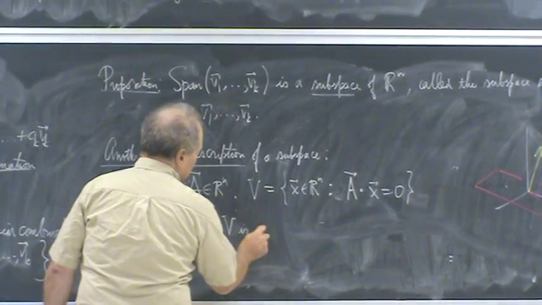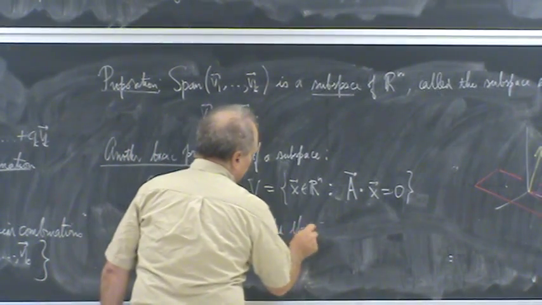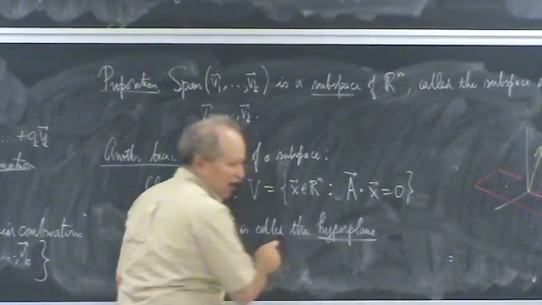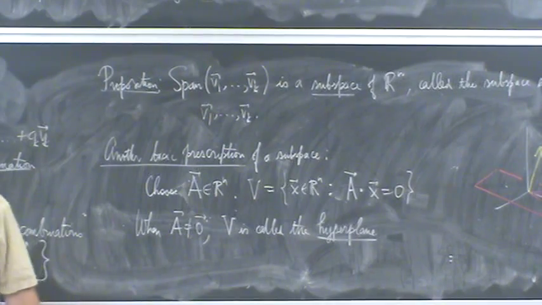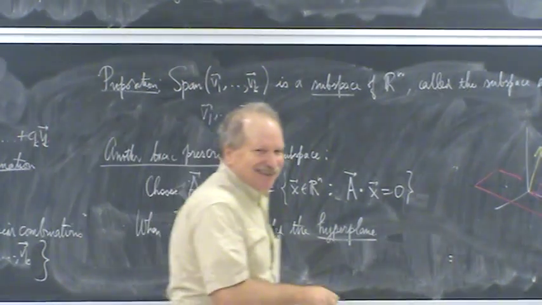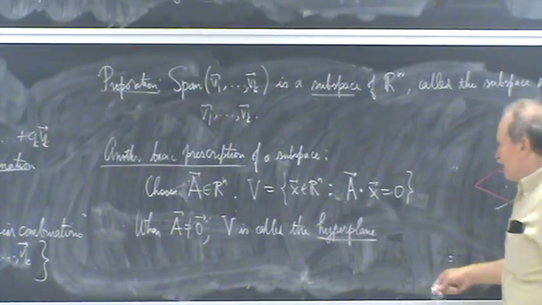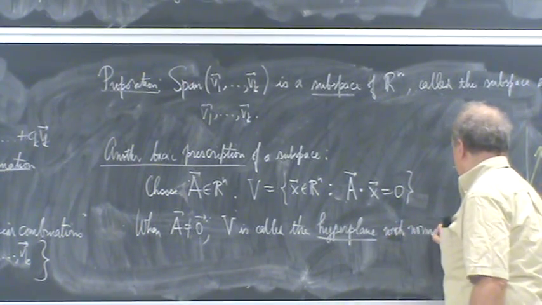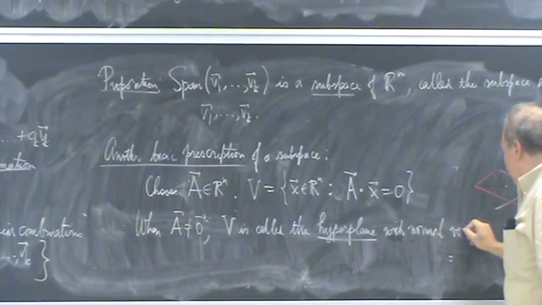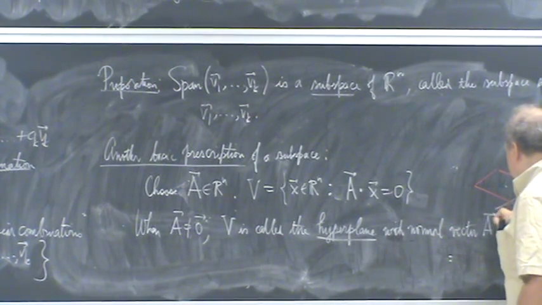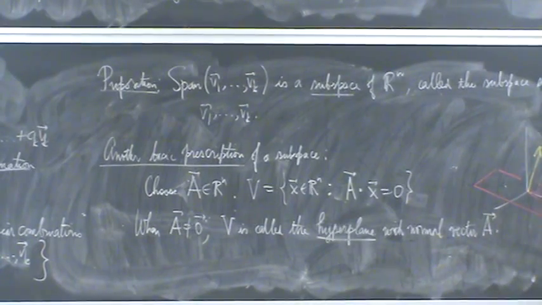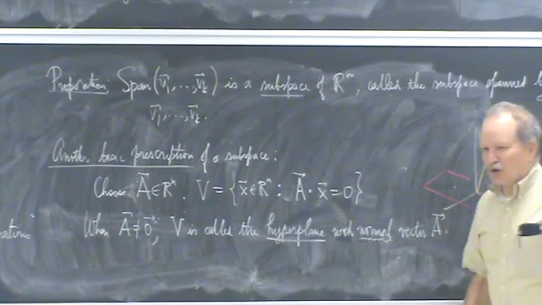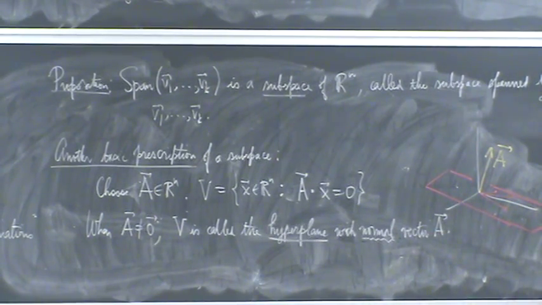this V is called a hyperplane. A hyperplane with normal vector, that's just a fancy way of saying perpendicular, A. So we'll talk a lot about such things as we go on through this course. And you will see in mathematics that the word normal is absolutely abused.